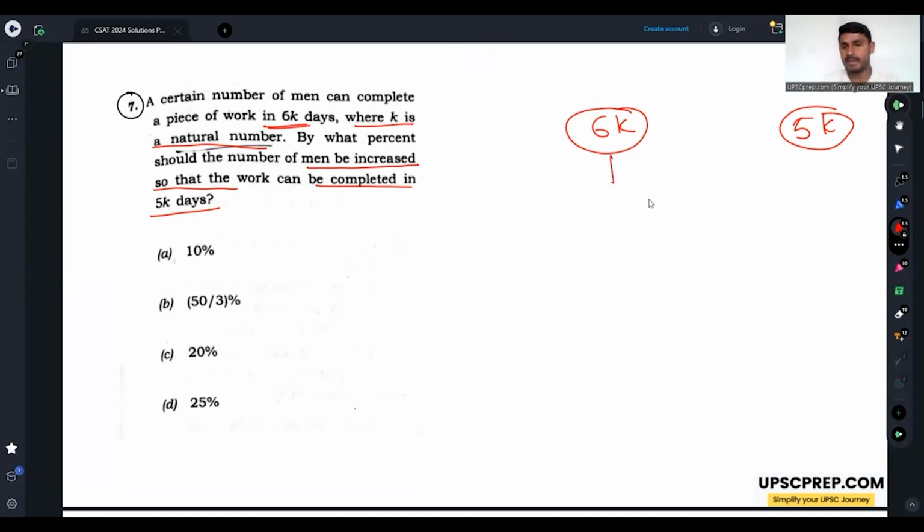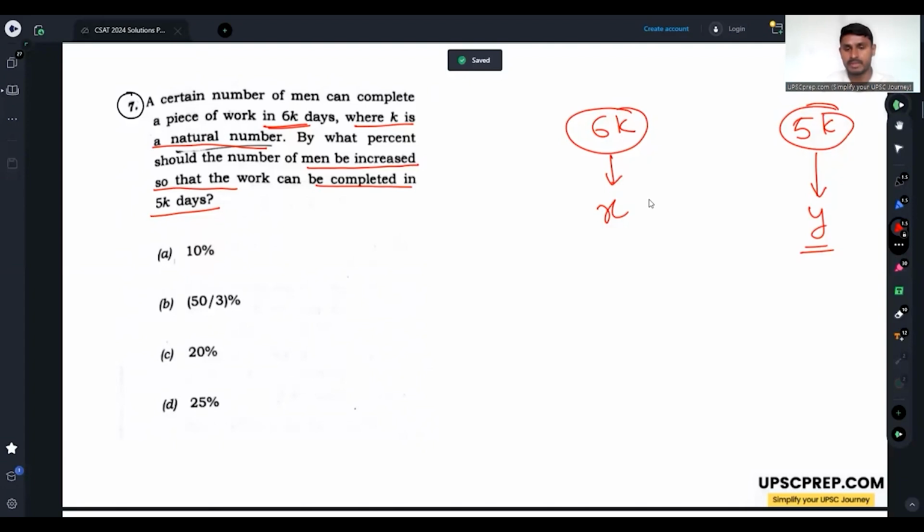Now what is happening? Here let's say a certain number of men were working. Let's say X number of men are working to complete the work in 6k days. And here Y number of men are working to complete the same work in 5k days. Okay, so we have to find out what percentage Y has exceeded compared to X. In comparison to X, how much percentage Y has increased, that we have to find out.